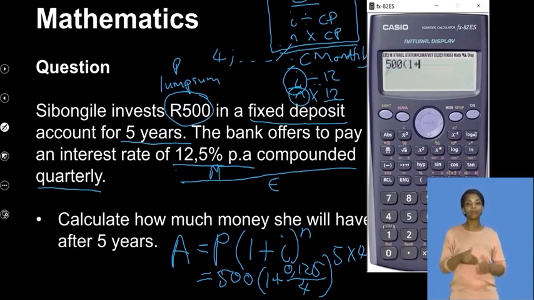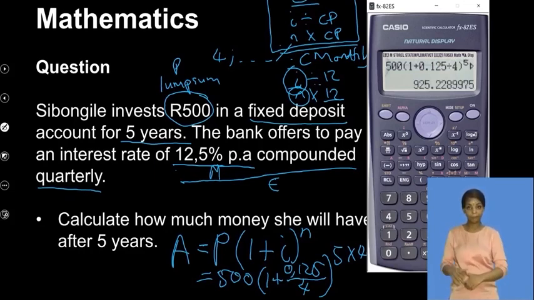It will be 1 plus, remember, 0.125, and this is divided by 4 because it's compounded quarterly, and then this will be to the exponent of 5 multiplied by the 4, and this will give me that amount there. So that will be the total amount that Sibongile will have at the end of 5 years.